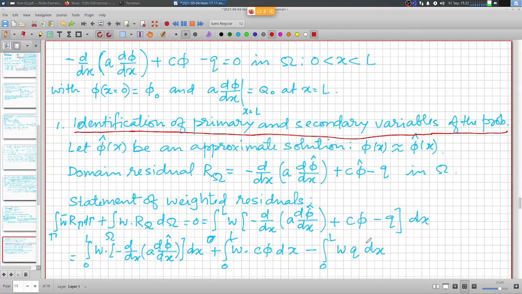Right? So, but let us keep, when we say that it is a statement of weighted residual, it is always a good idea to be correct in principle. So I would retain that boundary term as well, weighted.